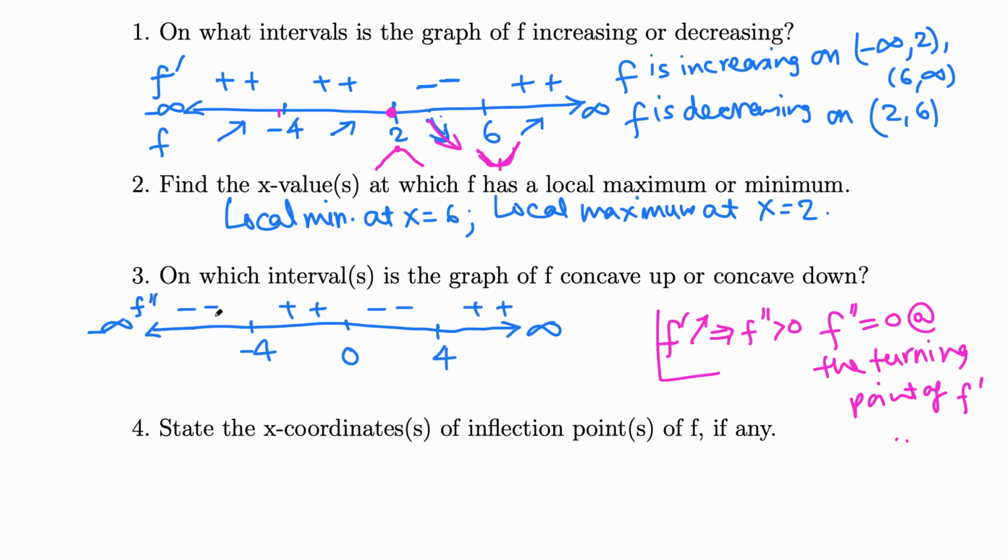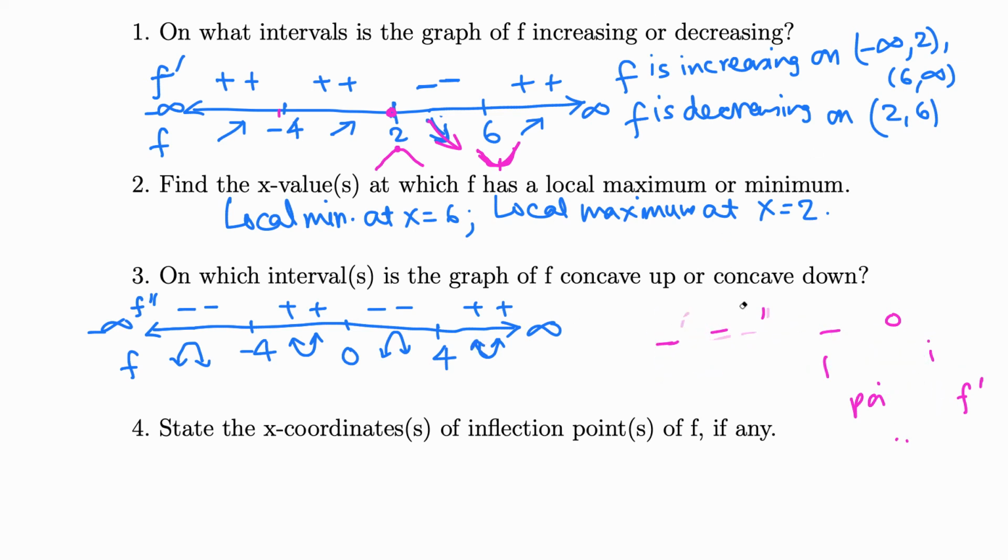Second derivative negative means the function is concave down, and positive means concave up. Let's write that in words. F is concave up on -4 to 0 and 4 to infinity.